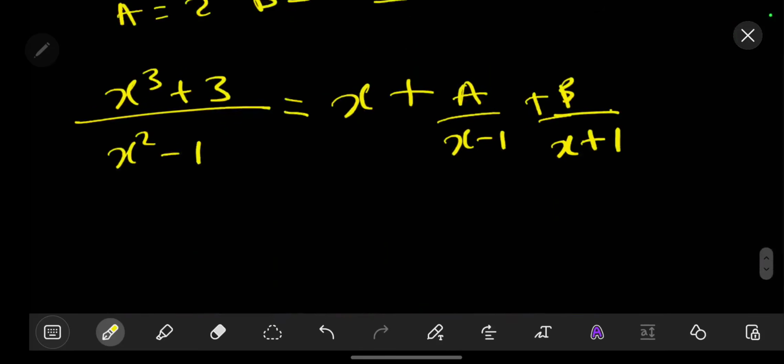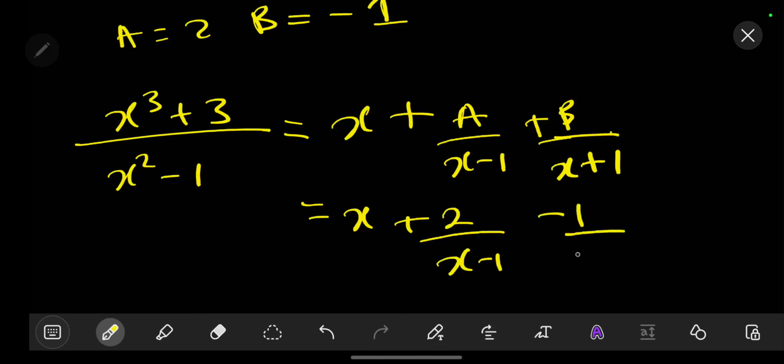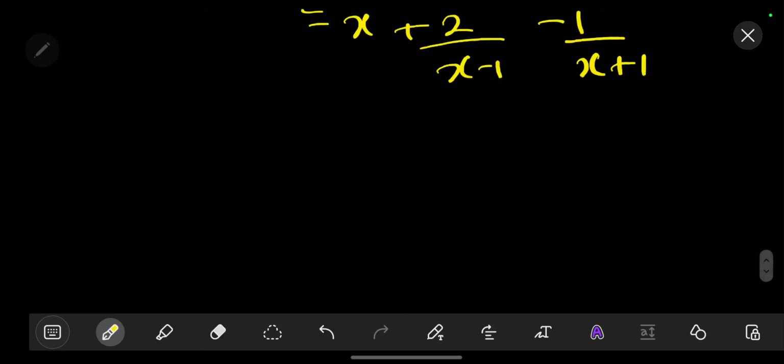So this is what we have. So we can now just write, our a is 2, so we have 2 over x minus 1. Then our b is equal to -1, so we have -1 over x plus 1, like that.